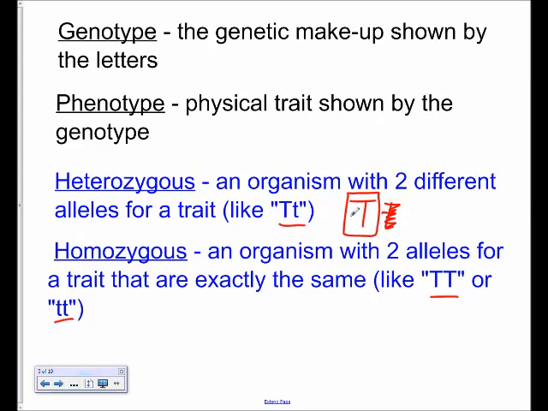And so this person is going to show whatever this trait represents. Maybe this means they can roll their tongue. Maybe they inherited both forms, can roll your tongue and cannot roll your tongue, from their parents. The big T means this gets hidden and they can roll their tongue. We'll talk a whole lot more about that in a minute.